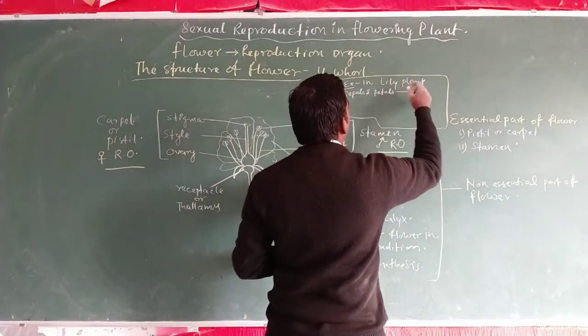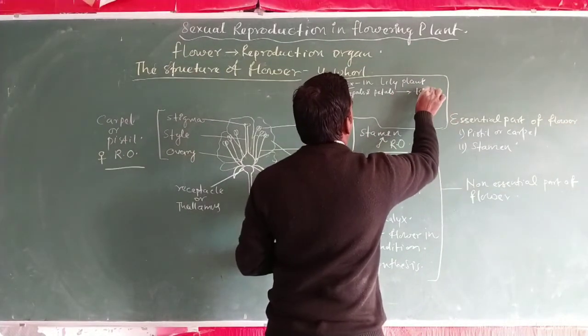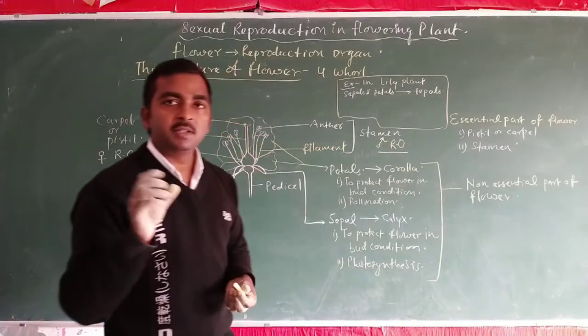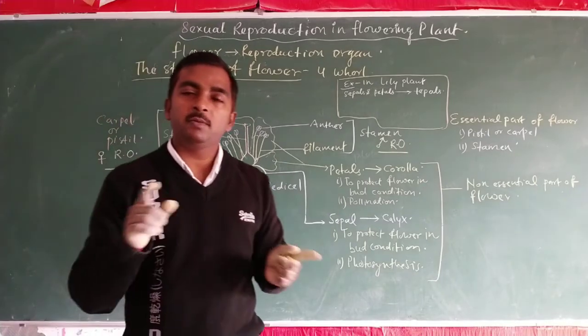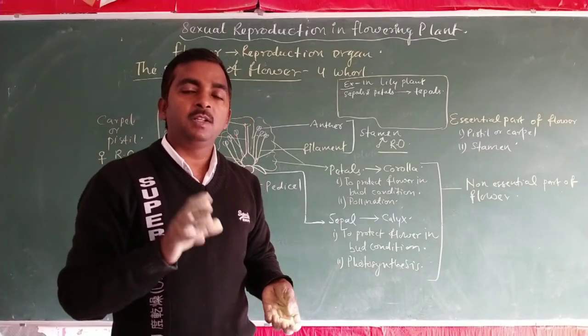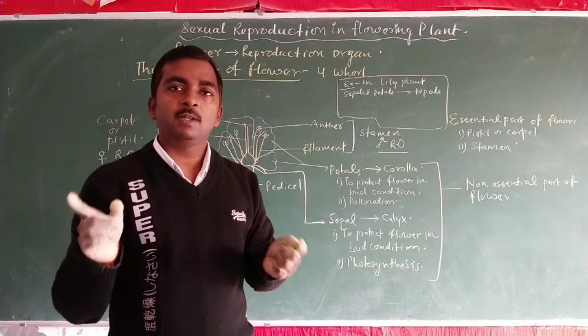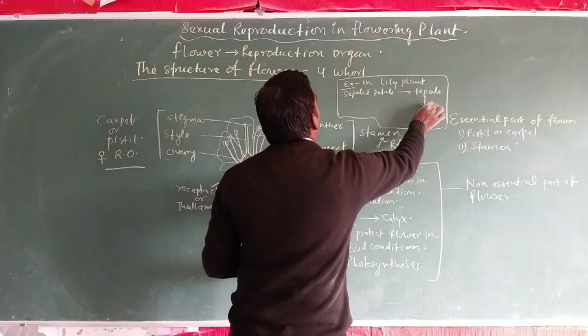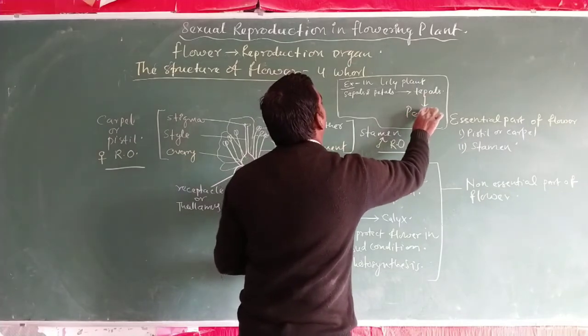They together make another structure, known as tepals, a common structure. It means there is no differentiation in the form of sepals as well as petals. So these are called tepals, and tepals form the perianth.